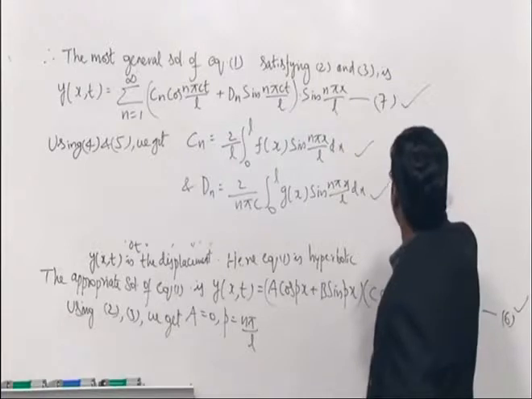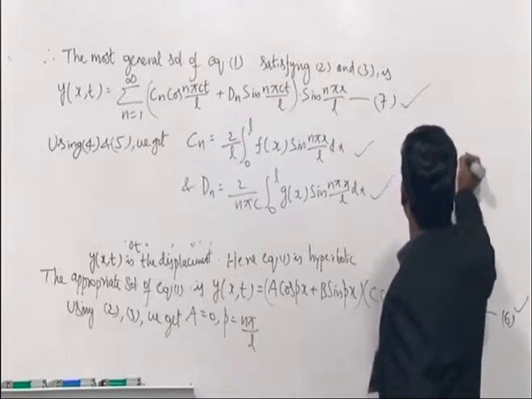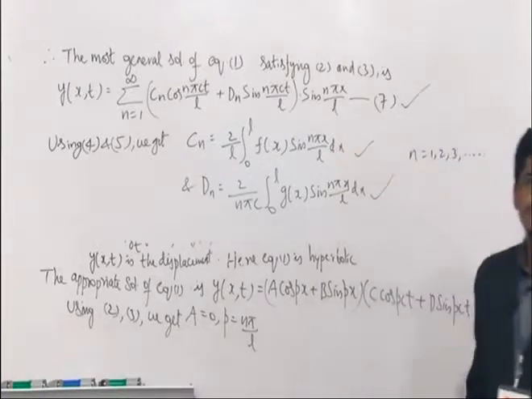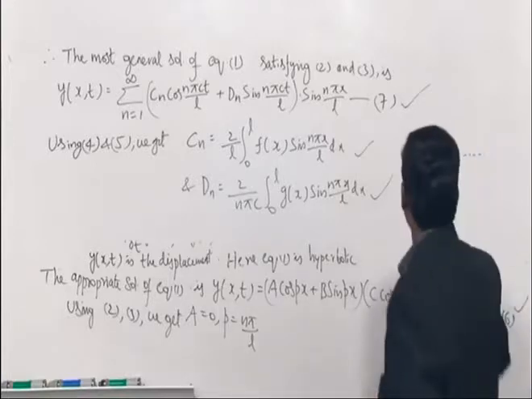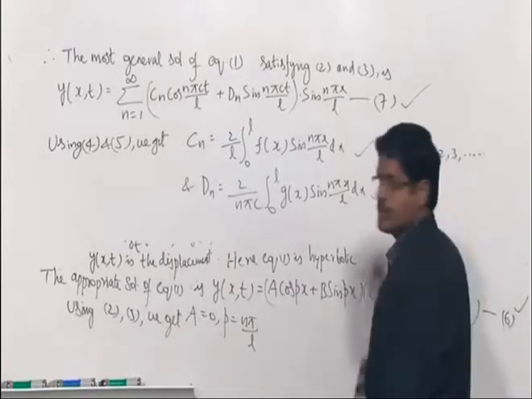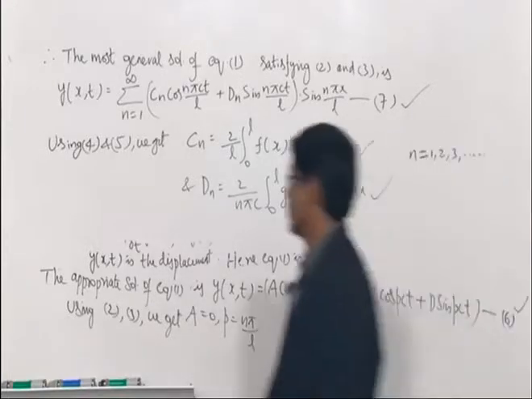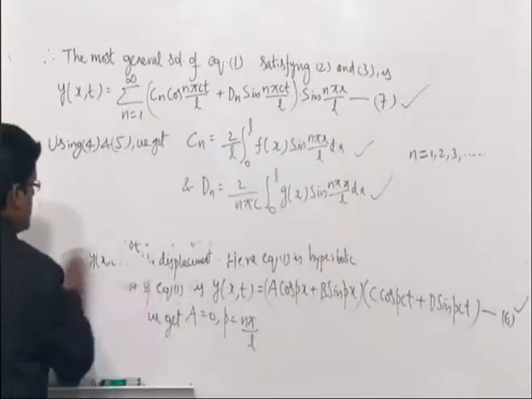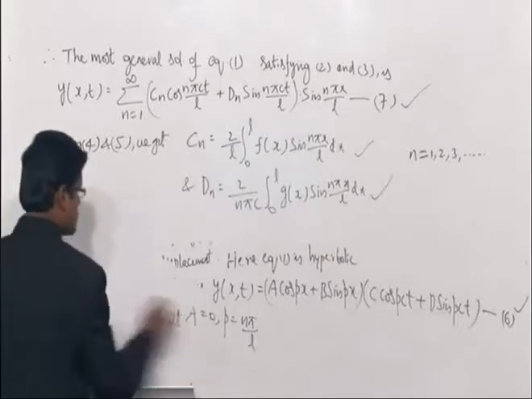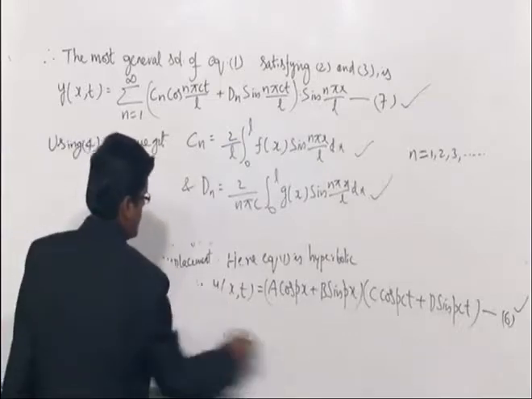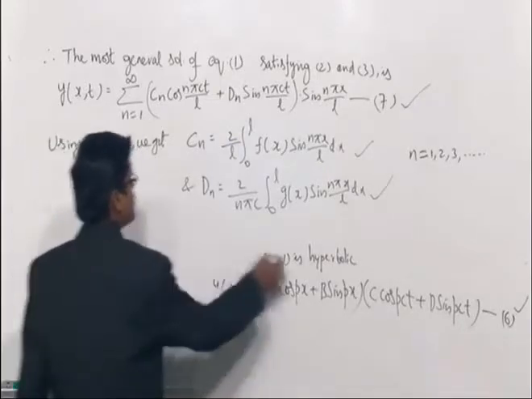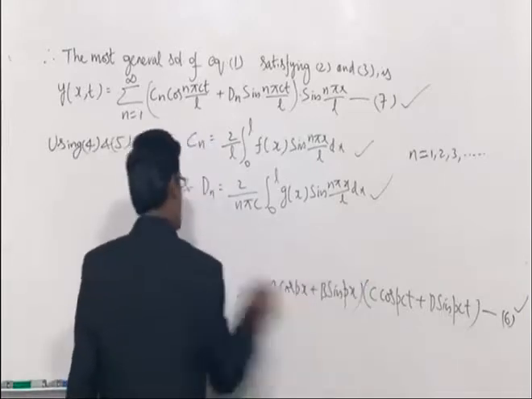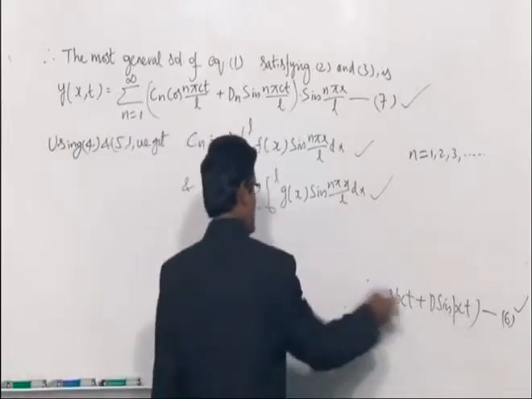Here n is equal to 1, 2, 3, and so on. Just the most appropriate solution and most general solution first of all, and the p value, that is Cn and Dn values only, okay, along with the given differential equation.